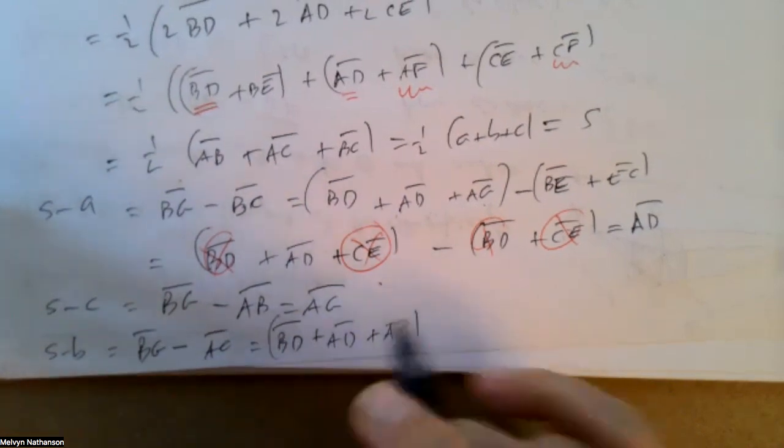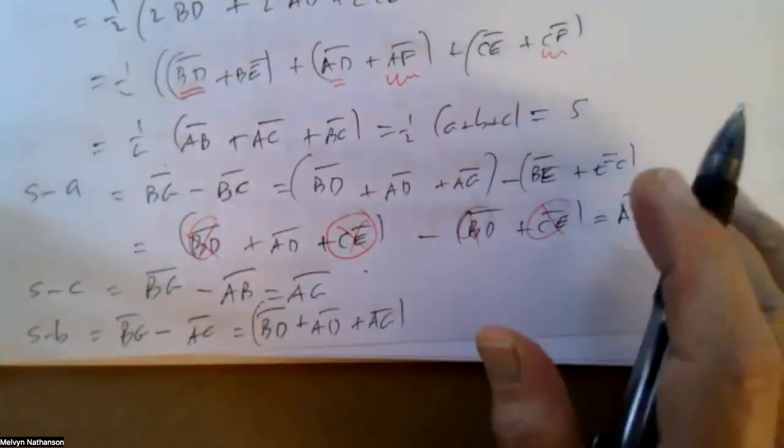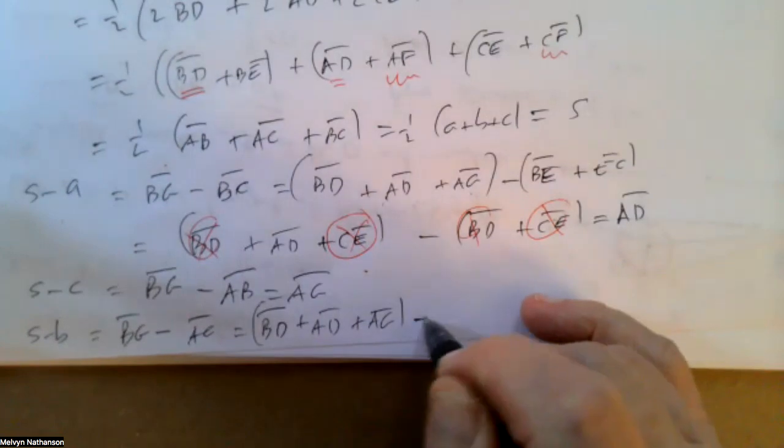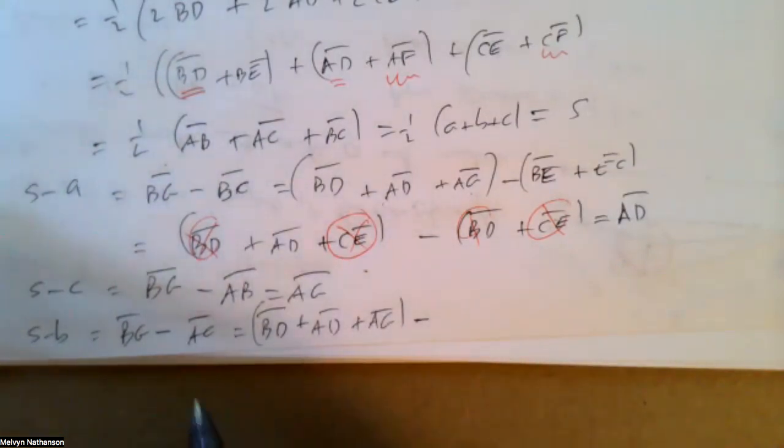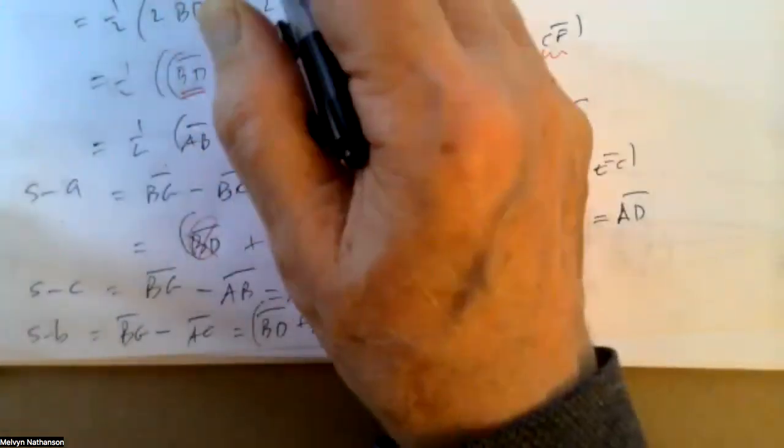This is all in the book, so if my writing is bad, you just have to look at the book. Minus the distance from A to C, which is AF plus CF.